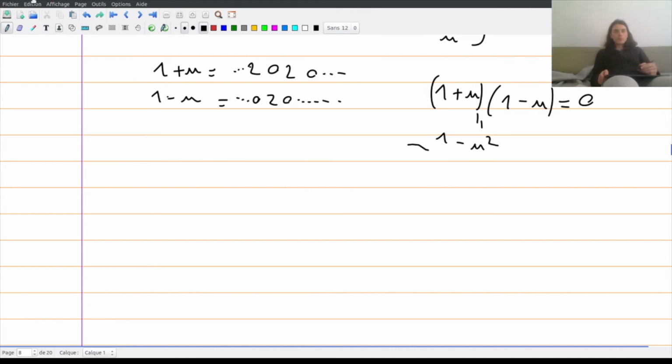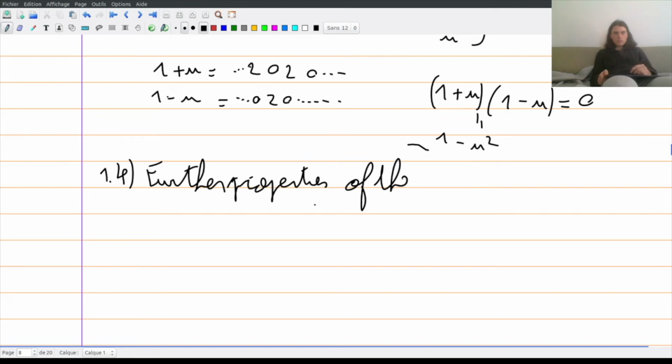So let me continue with further properties of the Picard-Vessiot extension. So the first one is the following.